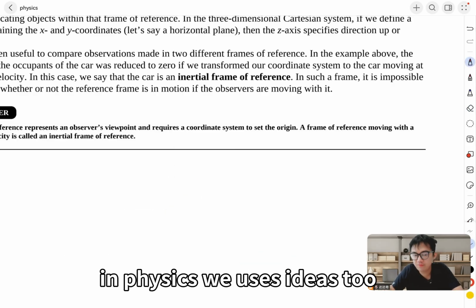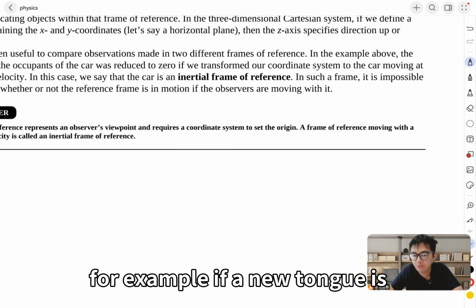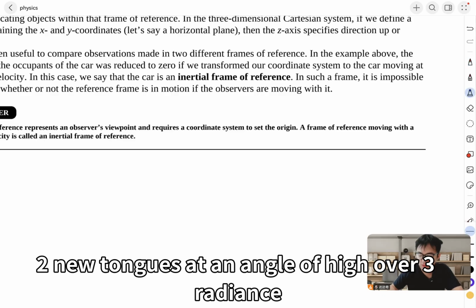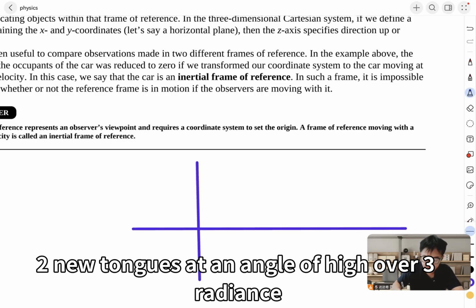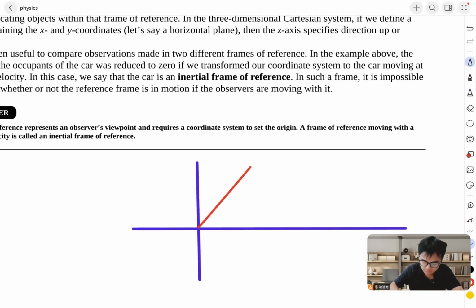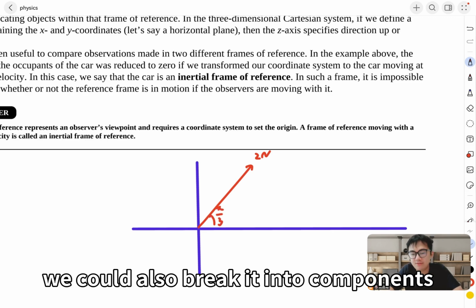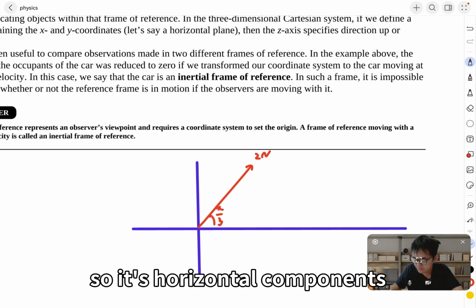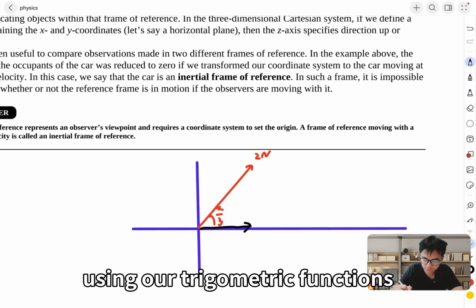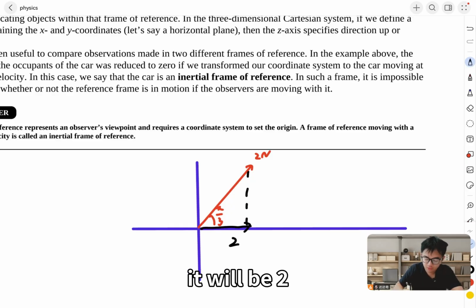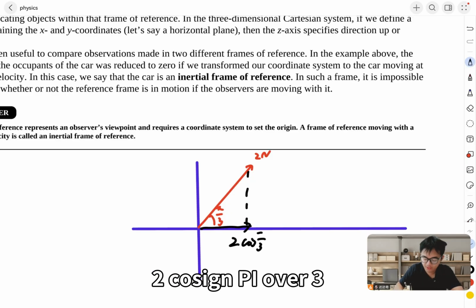In physics, we use these ideas too. For example, if a force is 2 newtons at an angle of pi over 3 radians, we could also break it into components. So its horizontal component, using our trigonometric functions, will be 2 cosine pi over 3.